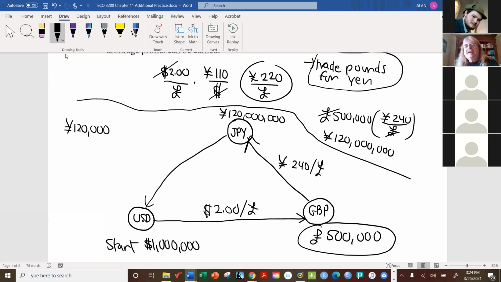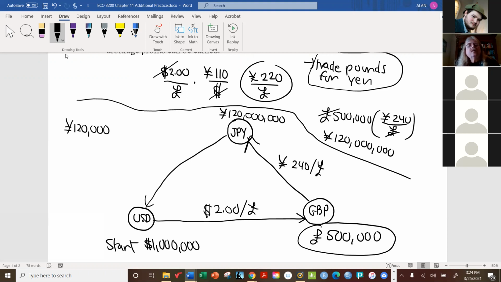Oh, because if you look at 500,000 pounds times 240 yen per pound, the pounds cancel each other out. That's what we need to do. You have to cancel out the units that you don't want, so that what remains is the one you do want. Okay, thank you. Right, exactly. So you have 120 million yen.